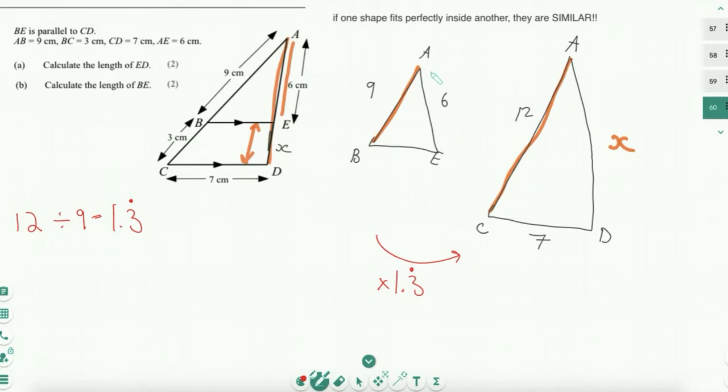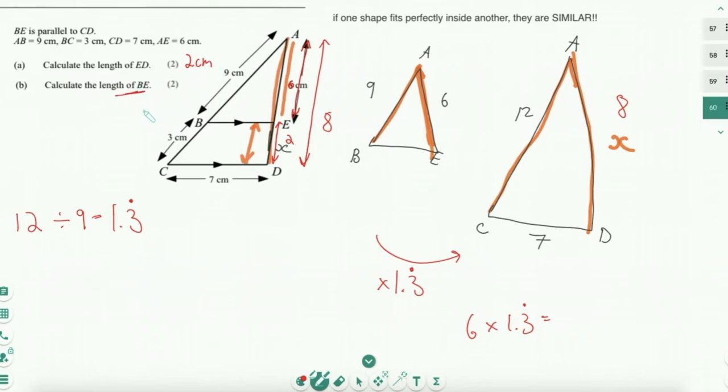To find this side, A to D, since we're going from a smaller shape to the bigger shape, we'll multiply 6 by 1.3, which is going to be 8. So we know from A to D is 8 centimeters, and from A to E is 6 centimeters. So the remaining length from E to D is just 2 centimeters.